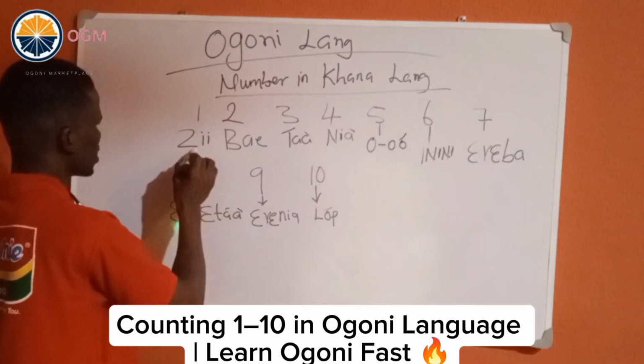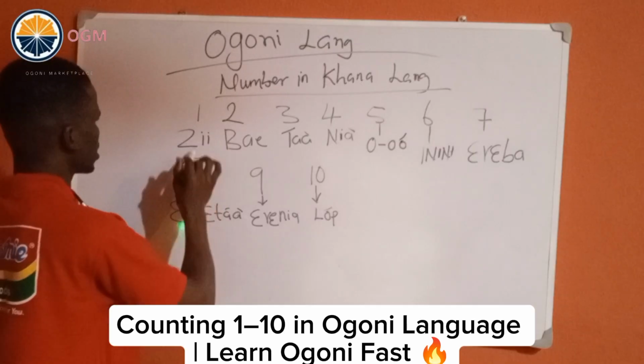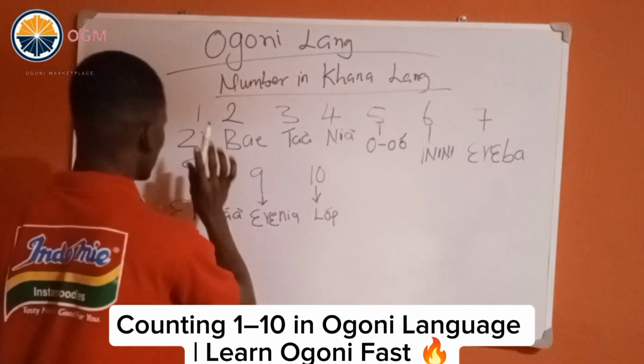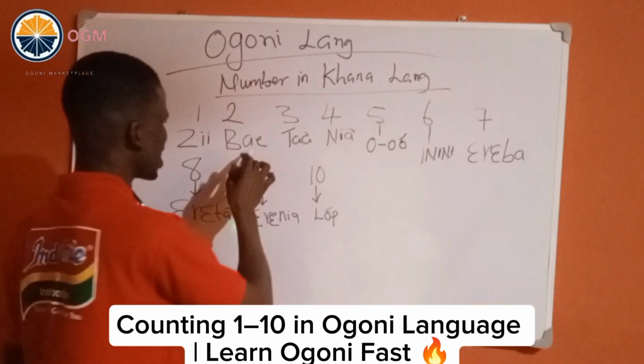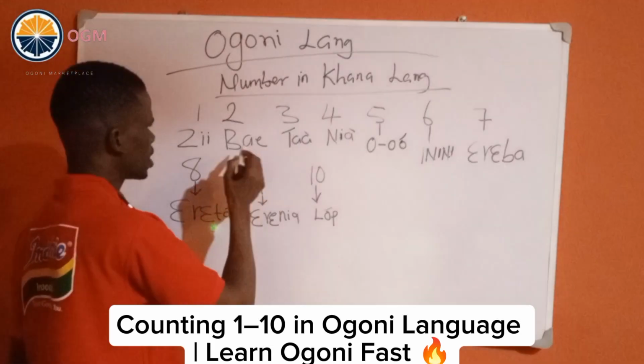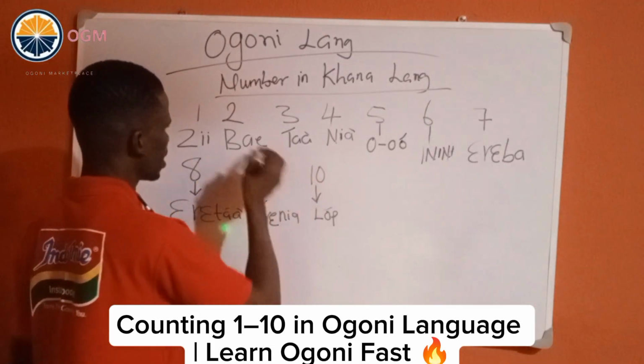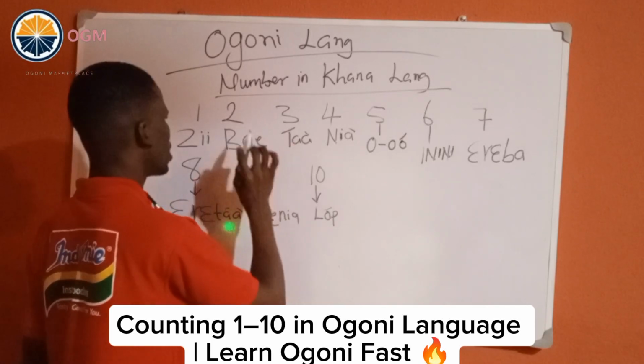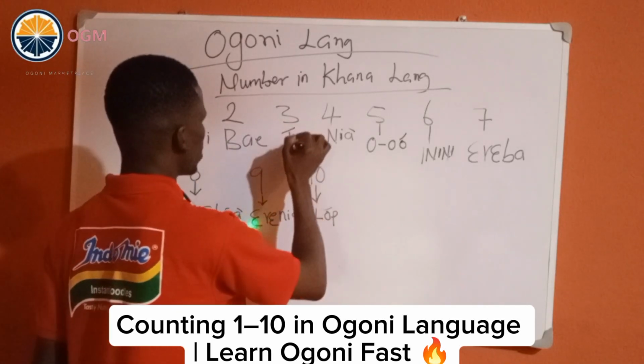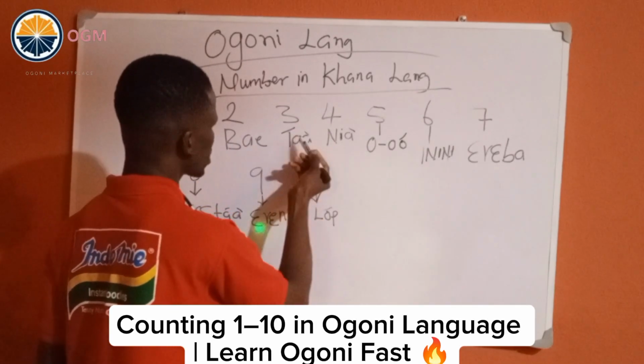1 is called zin. Zin is spelled as Z-double-I. 2, which is pronounced as by in Ogoni language, is spelled as B-A-E. Here we have 3, which is called ta.